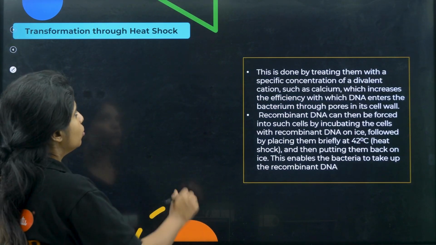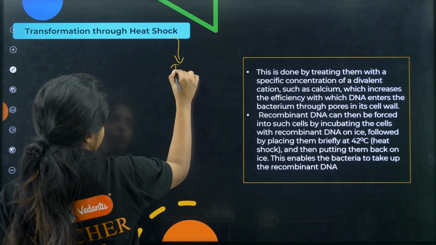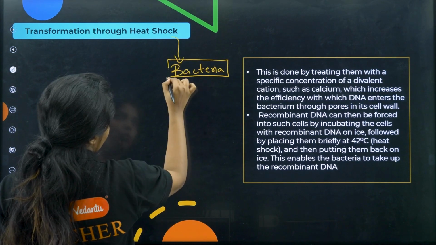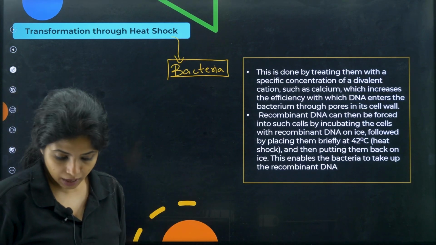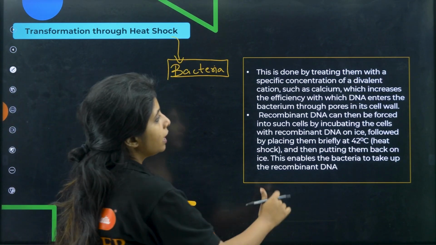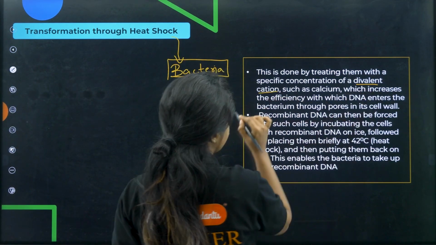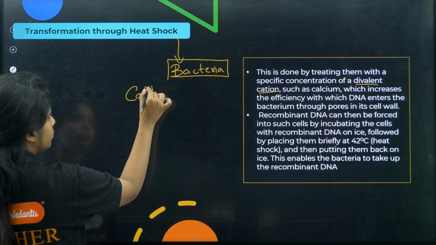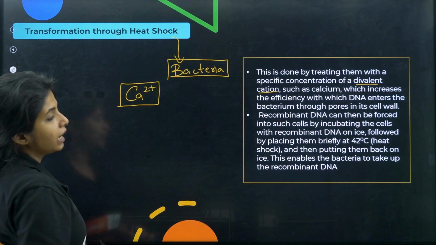The first thing that I do is heat shock treatment, and this is done usually for bacteria and the like. Now what happens in heat shock treatment? First, I am going to treat them with divalent cations, those which have a valency of 2. Why do I treat with divalent cations?